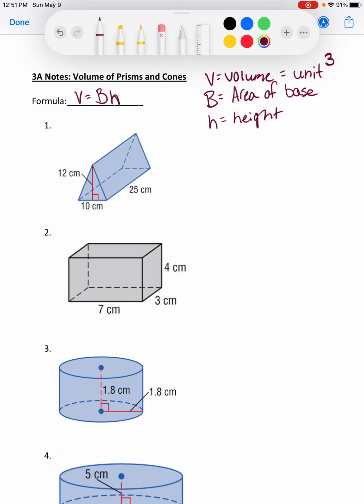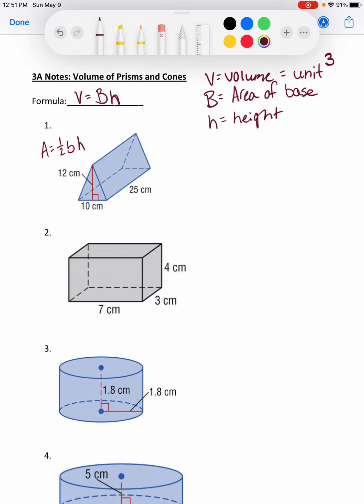Anytime we have a triangular prism, the triangles are going to be our bases. So we have two congruent triangles in this case, and this front one gives us a height of 12 and a base of 10. If we remember, the area of a triangle is half the base times the height. So 1/2 times 10 times 12.